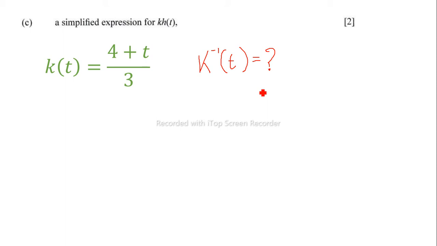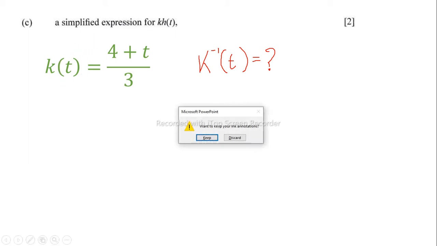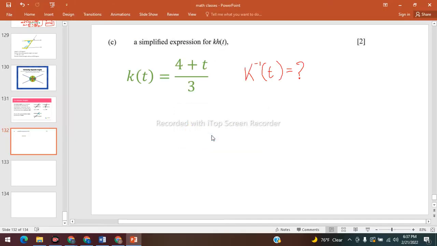So what we can do, because this is K of T right there, is this. In order to do this, what we have to do is switch. Let me write that down so you can see clearly.